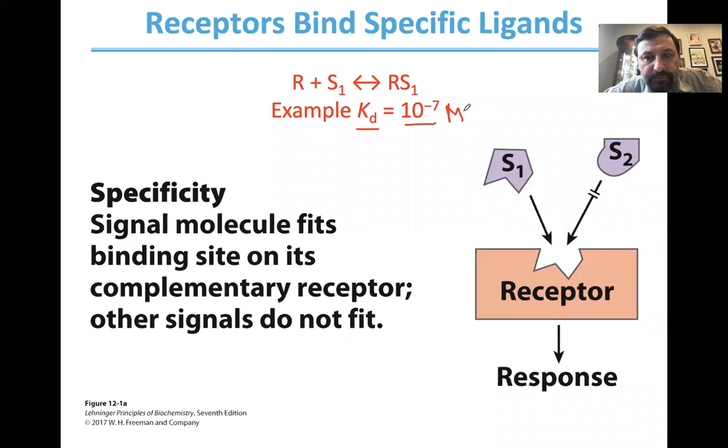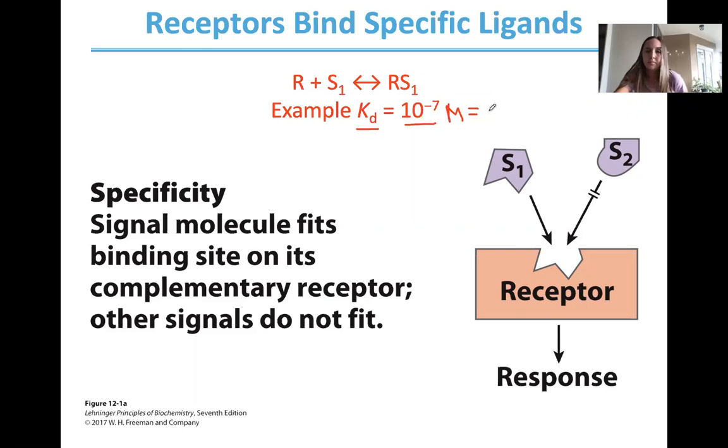Can you convert this to micromolar? So how many micromoles is this? To the negative 6. So micromolar is 10 to the negative 6. How many micromoles is this?